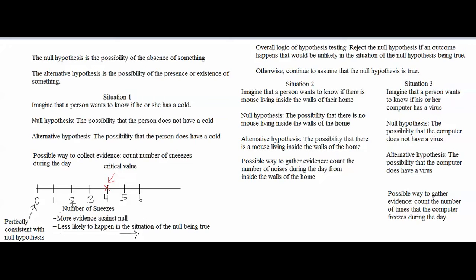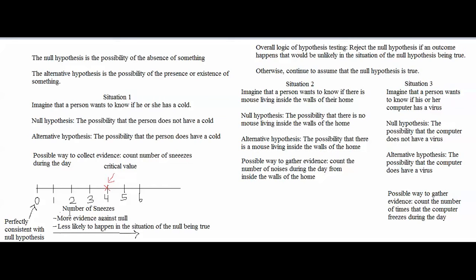So let's talk about two new terms here. The number that I'm collecting, meaning the data that I'm collecting to show evidence about the null hypothesis, is called the test statistic. So I'm recording the number of times I sneeze during the day to make a decision about whether I want to reject the null hypothesis.